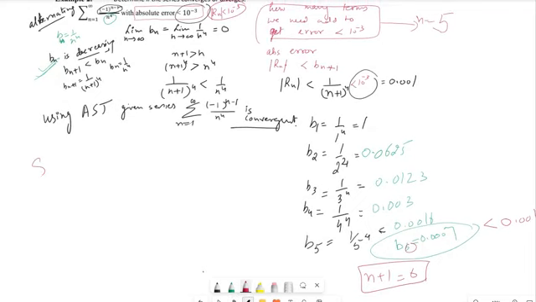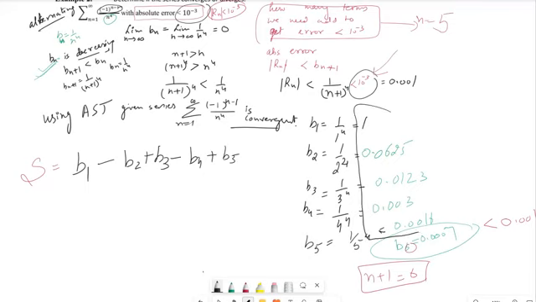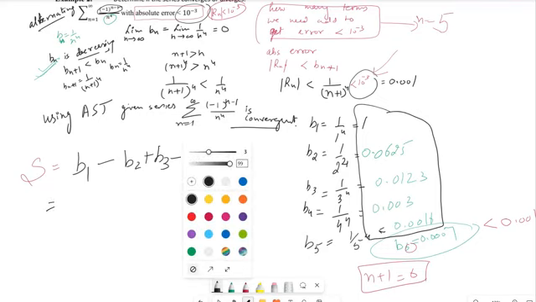That means when you want to calculate the sum such that absolute error is less than 10 to the power negative 3, it's enough to add the first 5 terms. The first term is B1, second term is B2, the third term is B3, B4 plus B5. Okay, so we have already calculated these terms. We just need to write them alternately.